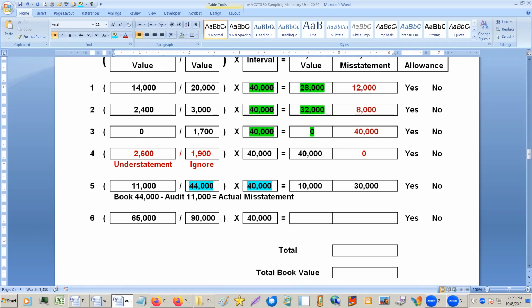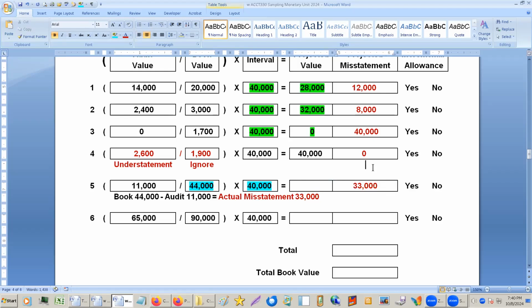The actual misstatement is 33,000. That's what you're going to use. If the book value is higher than the interval, you are not going to do any of this here. You're simply going to put in 33,000. You put what the actual amount is that it's off by.